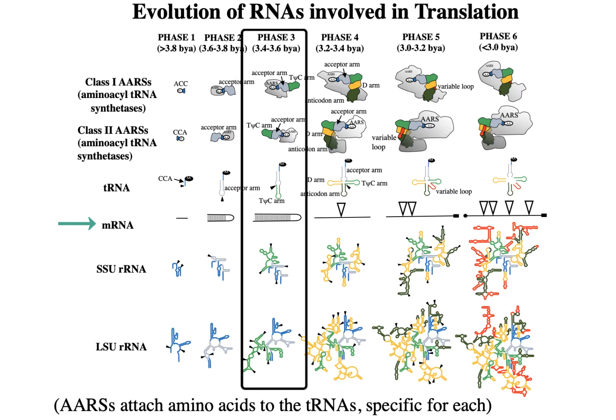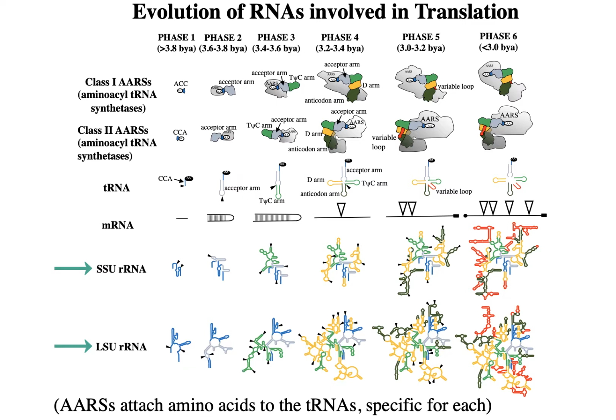The mRNA has become larger but still double-stranded, and I'll talk about why that probably was double-stranded. And then the small and large subunits begin to increase further, having an A and a P site for the tRNAs.